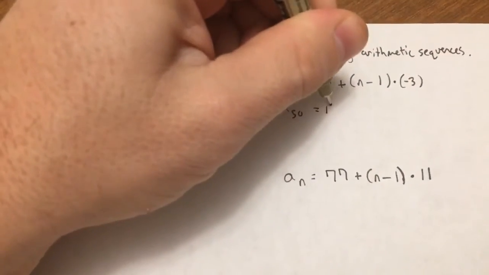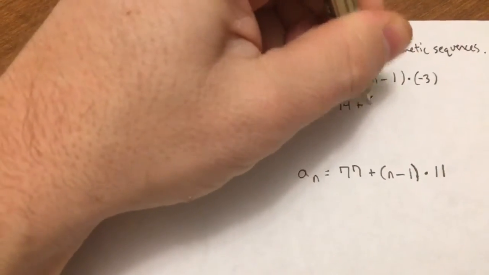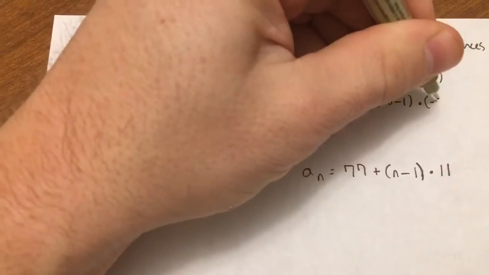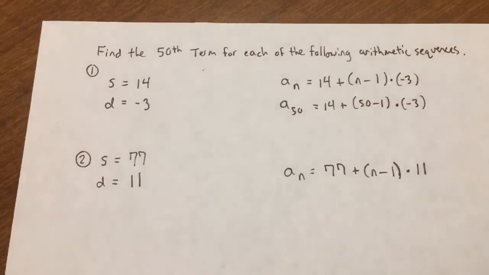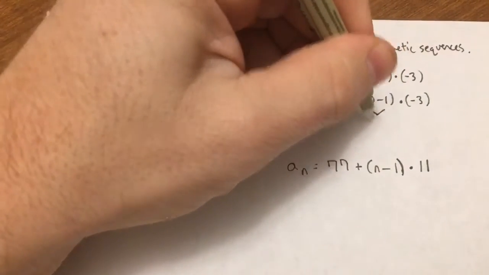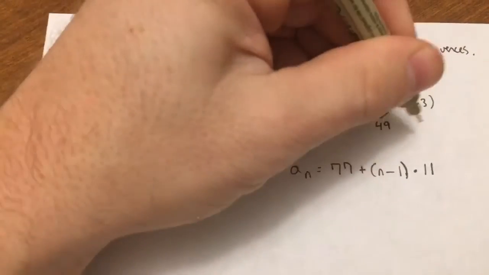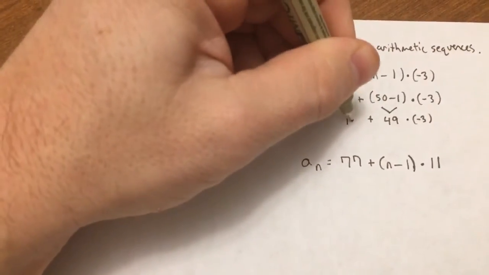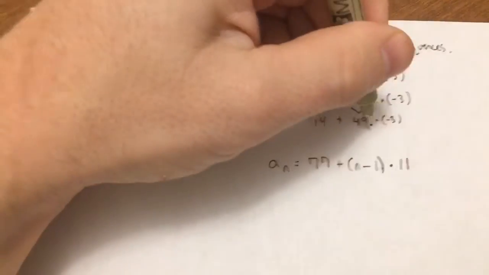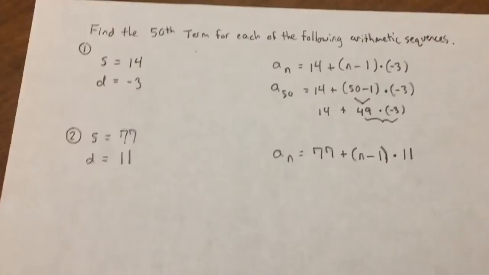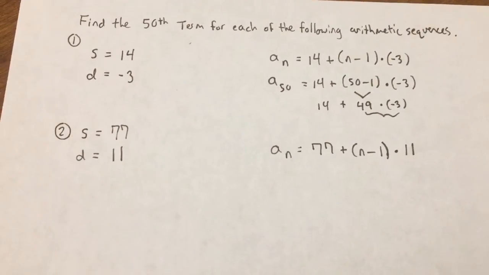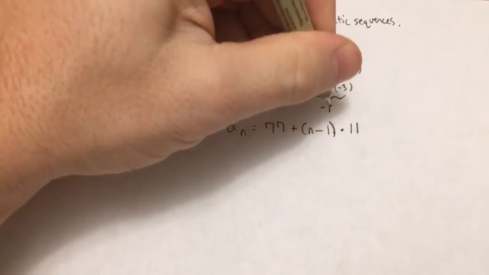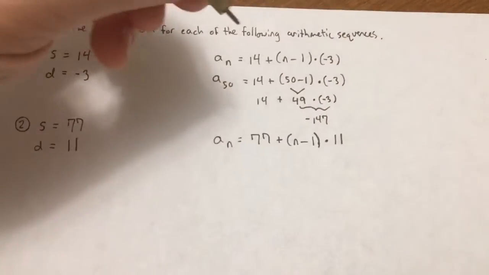That equals 14 plus 50 minus 1 times negative 3. Order of operations, so that's 49 times negative 3. Don't forget the plus 14 out in front. Then we multiply 49 times negative 3, which gives us negative 147.